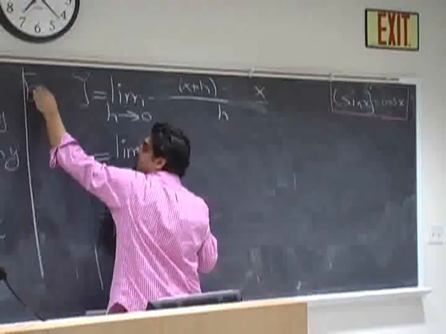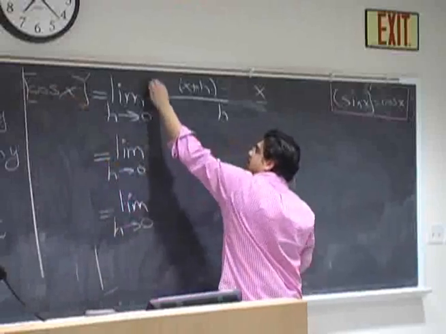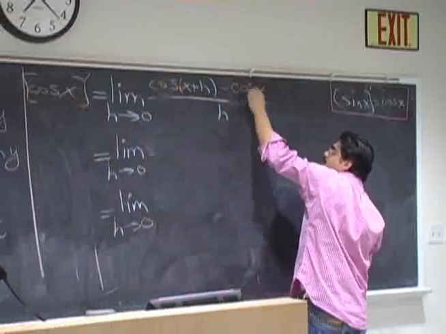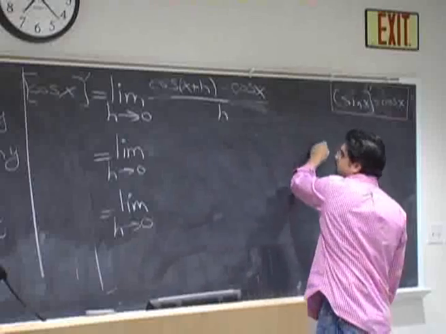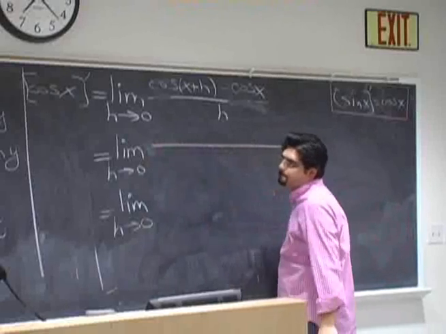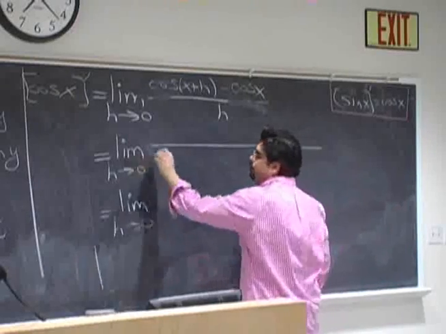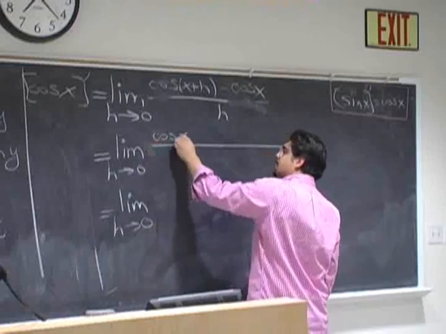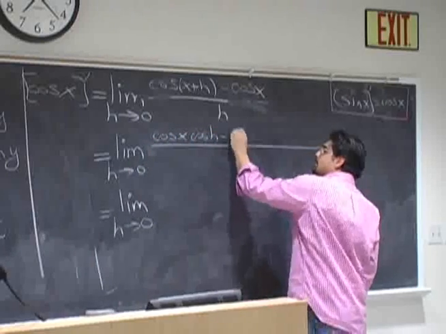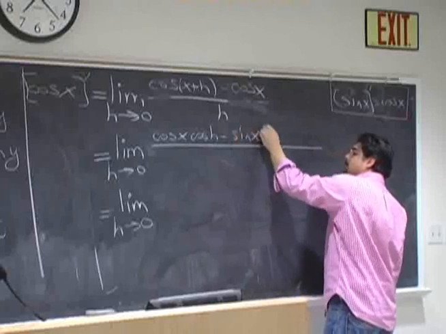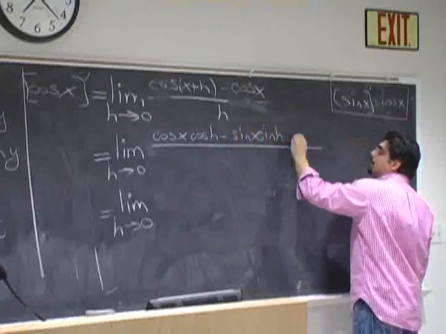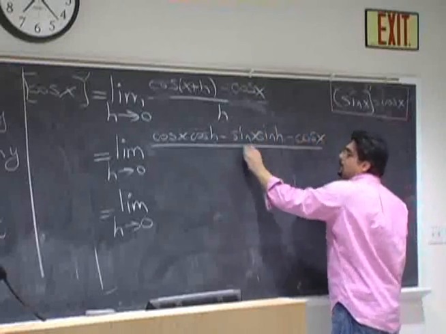So cosine x prime would be cosine of (x plus h) minus cosine x over h. And once again, using the addition rule there, so cosine x cosine h minus sine x sine h minus cosine x over h.